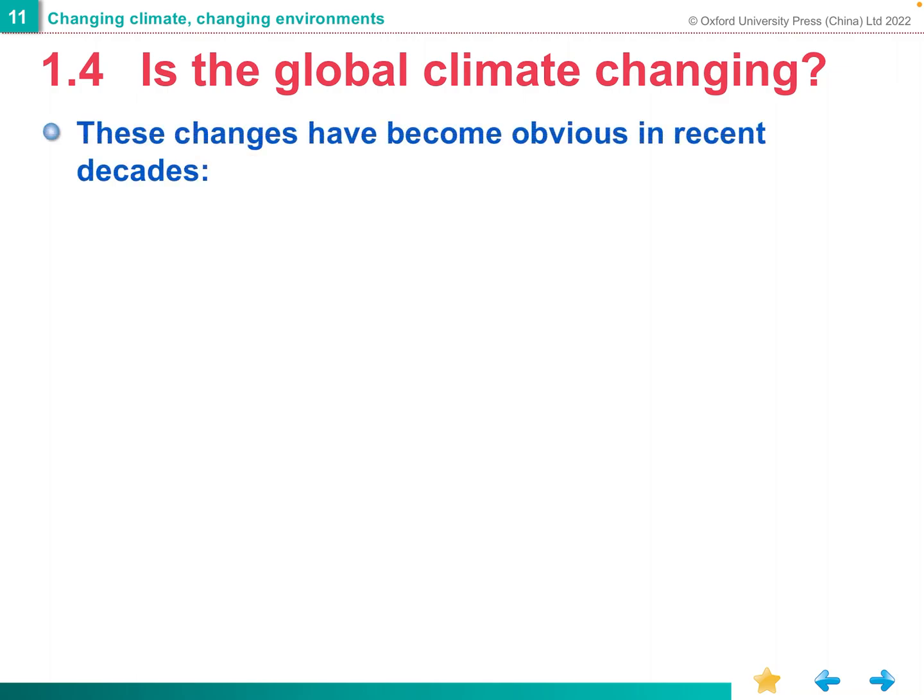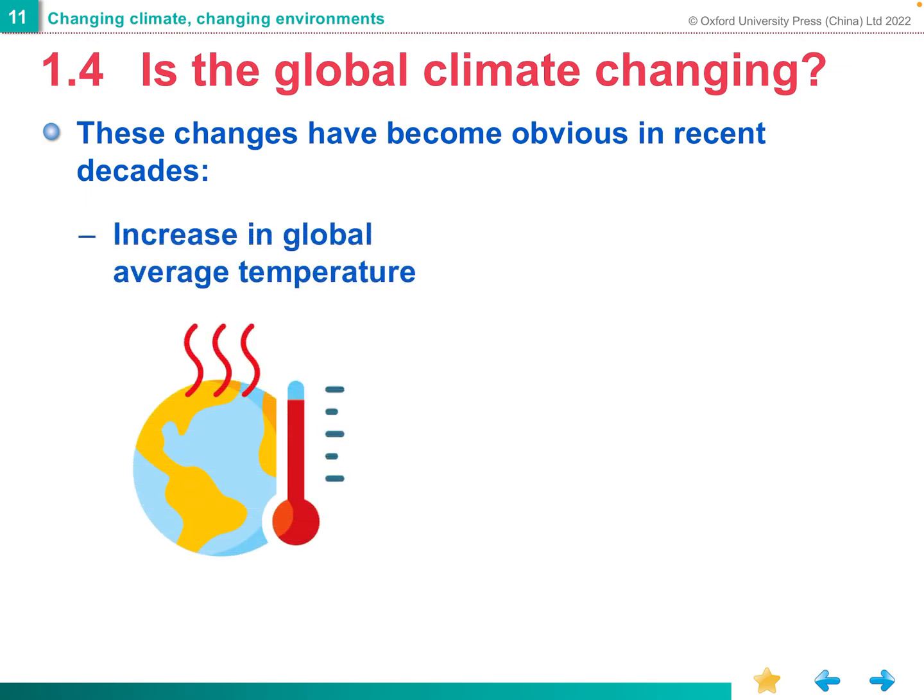So we have to observe the two changes in the world. Remember, I just mentioned in the beginning of the lesson, the most important part of the study of weather and climate, weather elements, is temperature. So some people observe our climate is changing because we have an increase in the temperature. The whole world, we call it increase in global average temperature. The whole world, the temperature is getting higher.